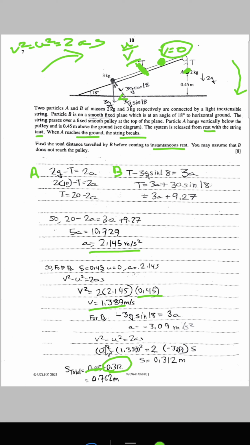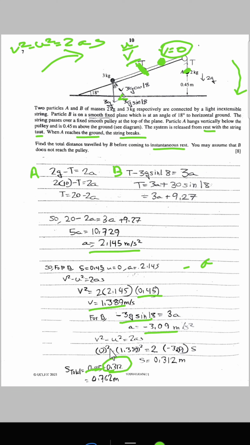For this scenario, we need to find the acceleration, or deceleration, as it is negative acceleration since v becomes 0, due to the downward component causing it to decrease to 0. So minus the downward component, since it is acting downwards, is equal to mass into acceleration. So acceleration is negative 3.09 meter per second square since it decelerates.